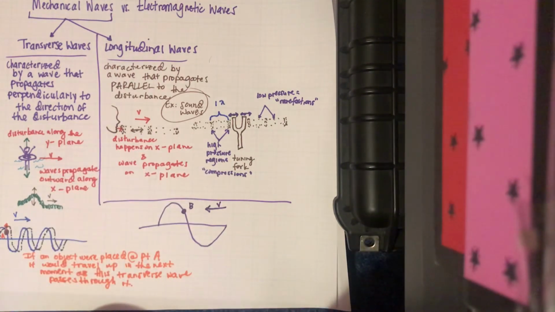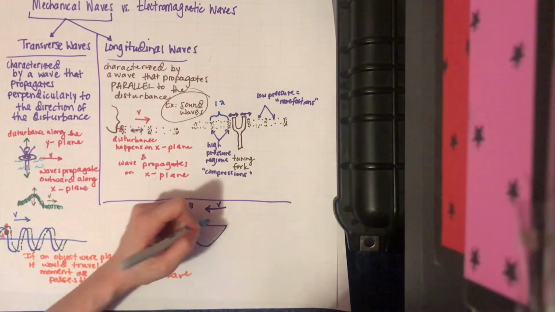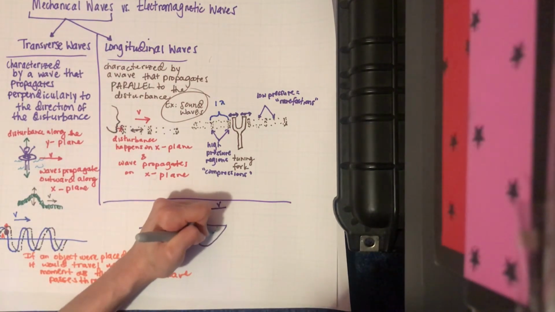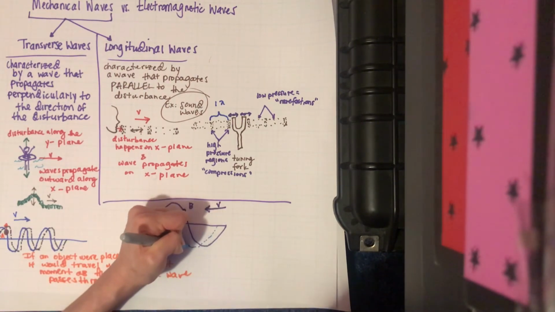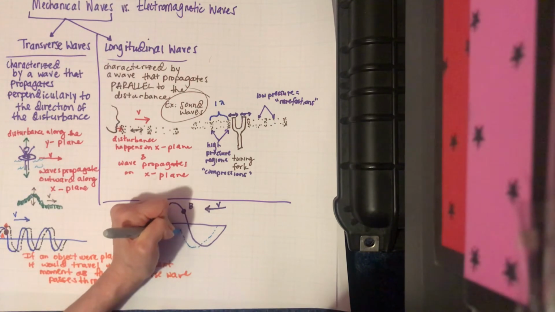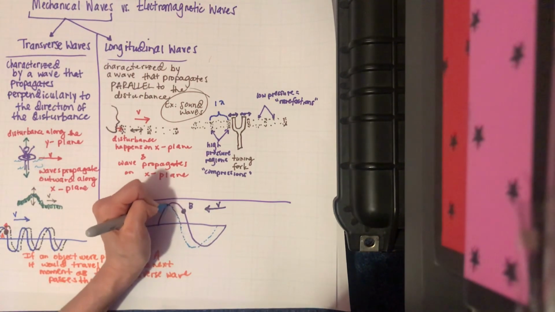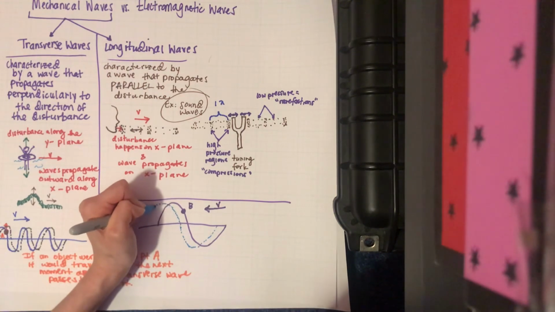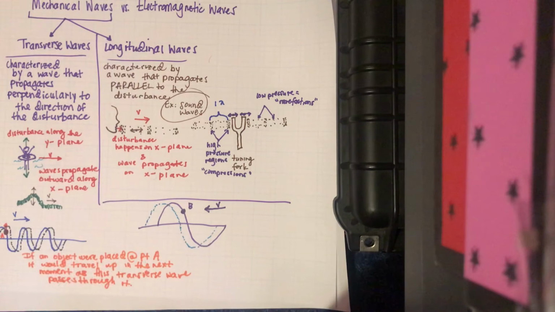Well, if it's traveling to the left, then I need to draw it shifted to the left. So I'm going to recreate this same wave just a moment later. And it should look exactly the same as the original, or as close as you can get it.